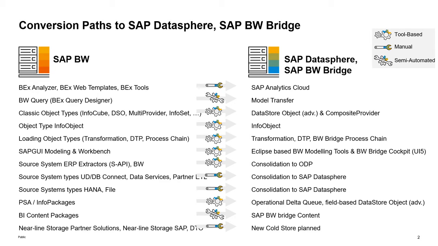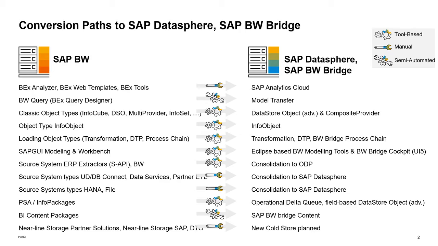For our content, we list this as semi-automated because there is BW Bridge content for the different, more BW Bridge type of objects. So we'll see some variations to maybe the standard BI content packages that we're used to. Depending on how it's been changed, that's why we see semi-automated.